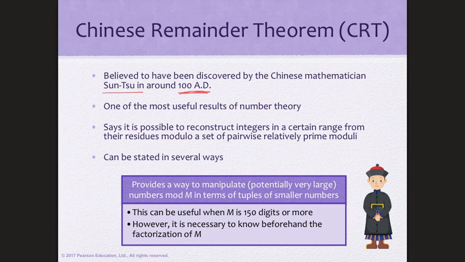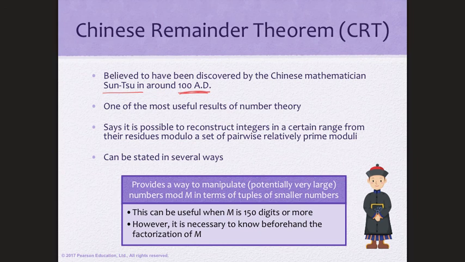It just says that the Chinese remainder theorem, in its essence, says that when you are dealing with a number modulo a big base, so mod m, and m is a large number, you can reduce that representation to elements.